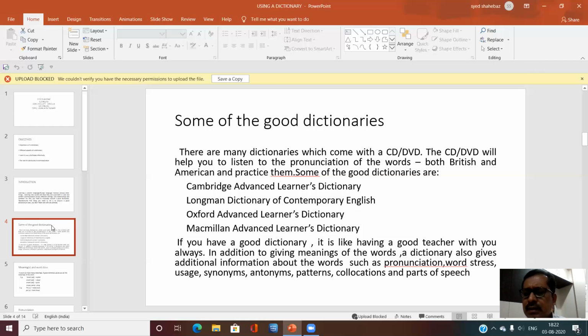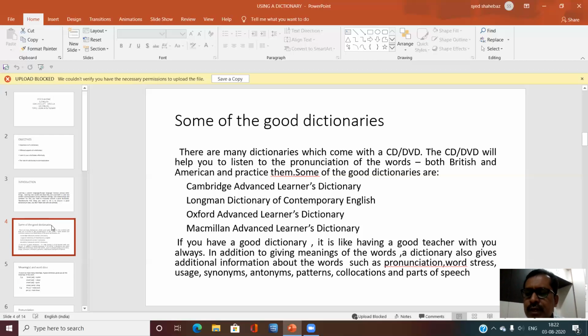And there are different types of dictionaries: picture dictionaries, etymological dictionaries, pronunciation dictionaries, medical dictionaries, dictionaries for engineers. There are many different types of dictionaries. But for general use, for all the students, across the streams and across the branches, you can select one dictionary from these four and rely on it, and you can improve your communication skills.